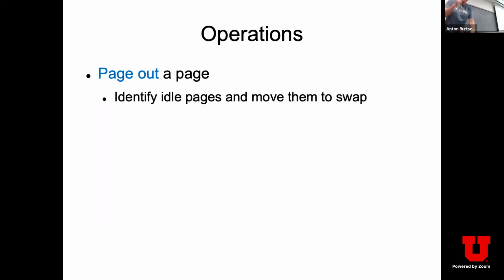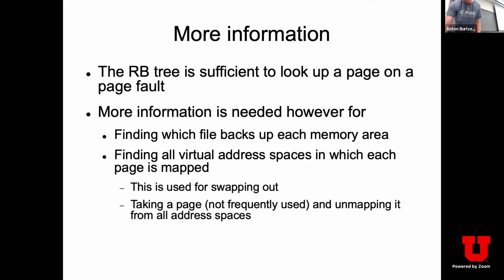Okay, so now the question, the final operation, is that we want to take a page down to disk. It's a little bit unusual because you think, okay, we already talked about so many data structures, what else can happen? Apparently something can happen which is not super ideal. Our red-black tree is sufficient to look up from a faulting address into a virtual memory area, right?